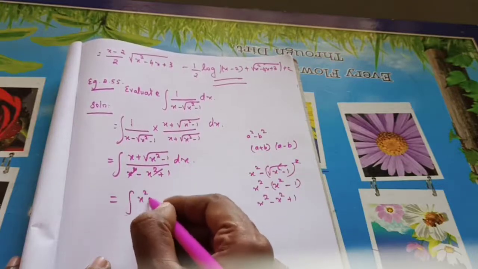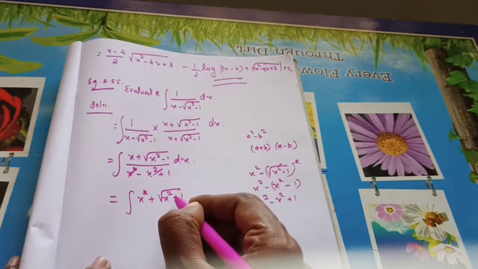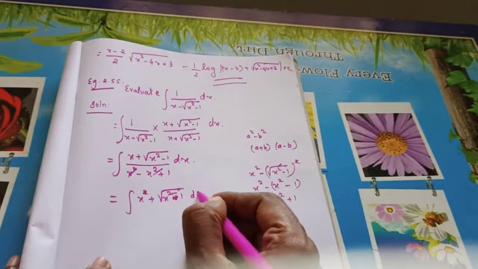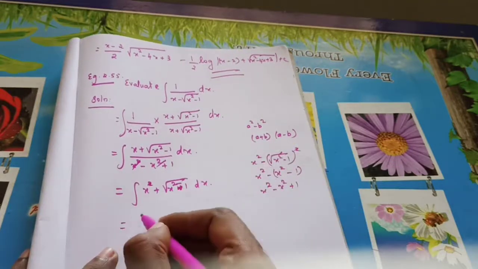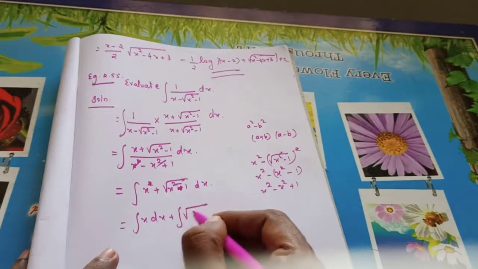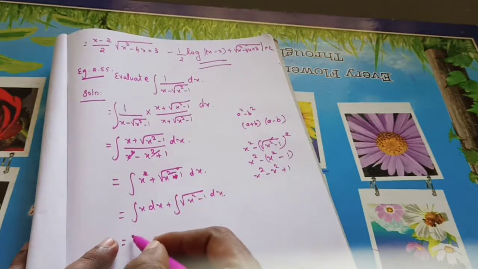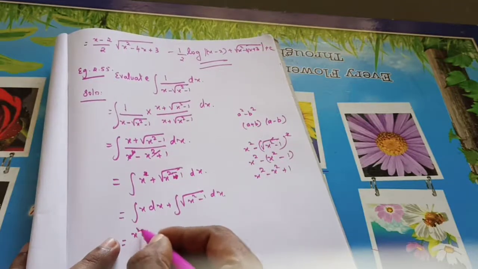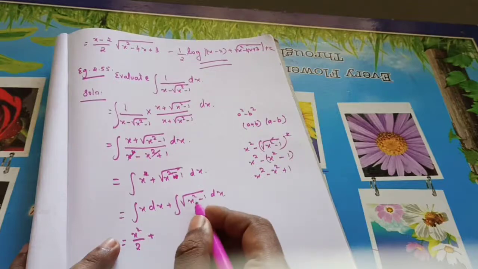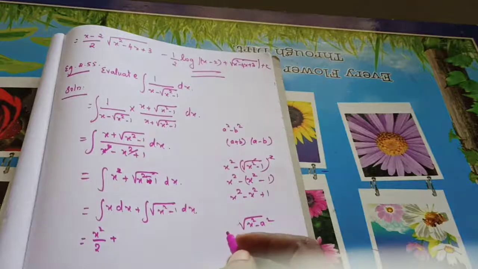So what's the balance? x plus square root of x square minus 1 dx. Now you can split it as two integrals, that is x dx as one integral, and square root of x square minus 1 dx as another integral. What is the integral of x dx? x square by 2. Then for this one you apply the formula for square root of x square minus a square.